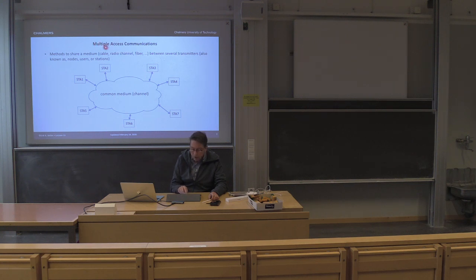So multiple access communication is about how different transmitters share a common medium. So if we have here what are called stations, STA stands for station. There's something wrong with this pen today.